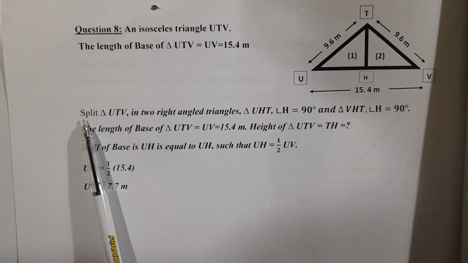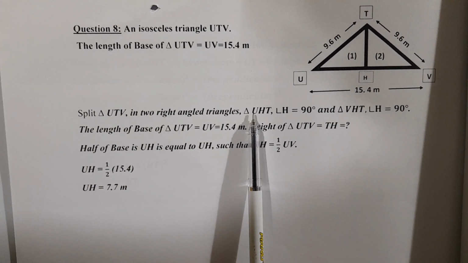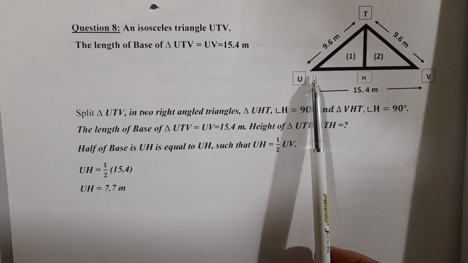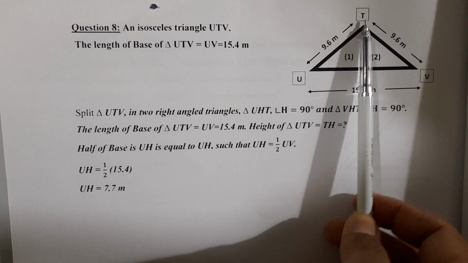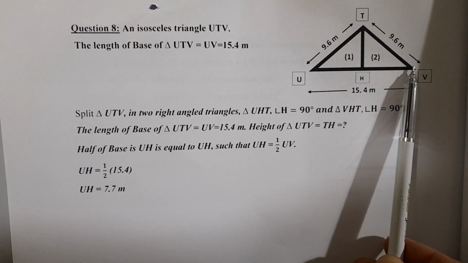Now, split the triangle UTV into right angle triangles, that is UHT, H is 90 degrees, and VHT, H is 90 degrees. So, UHT is a right angle triangle and VHT is a right angle triangle.